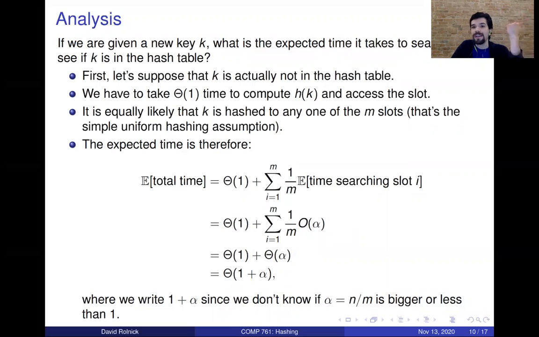You can't store a ton of things in almost no slots. If you just had 2 slots, hashing to 2 slots is not going to give you very much savings. Basically, hash tables are designed to make the best use possible of the space that you have. But if the load factor is really high, there's a limit to how good you can do.